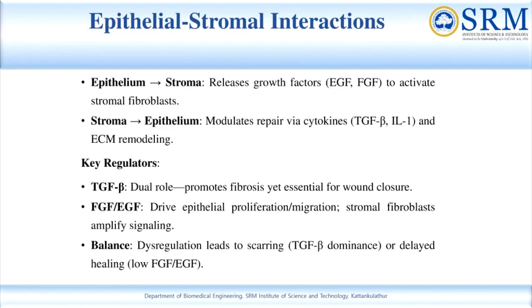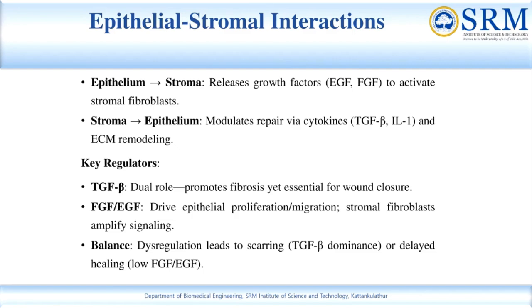So next, coming to the epithelial stromal interaction. The epithelial stromal interaction refers to the bidirectional biochemical and mechanical crosstalk which exists between the epithelial cells that are lining the tissues and organs and the surrounding stromal compartment, which is basically the supporting connective tissue.